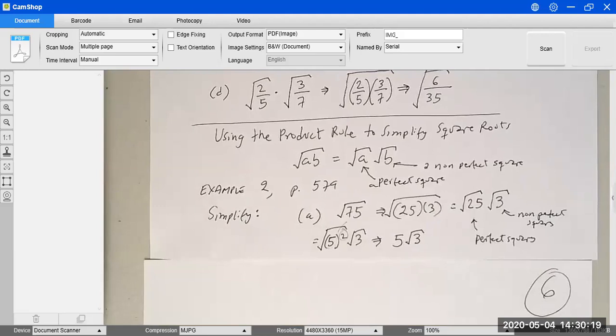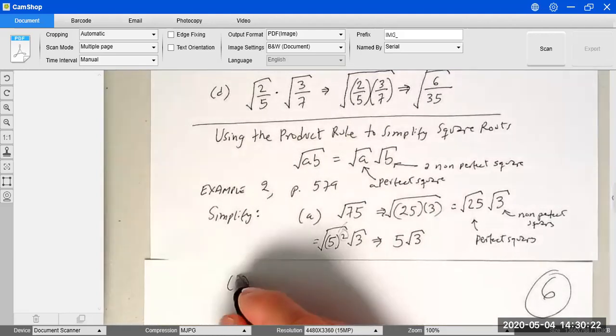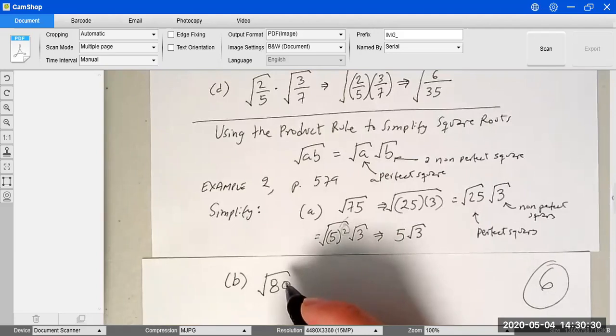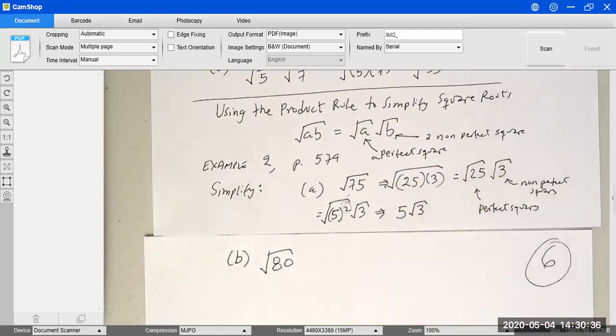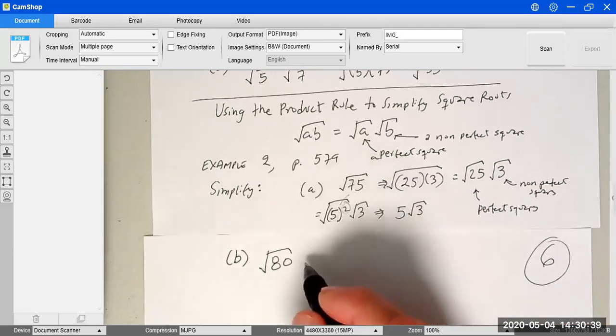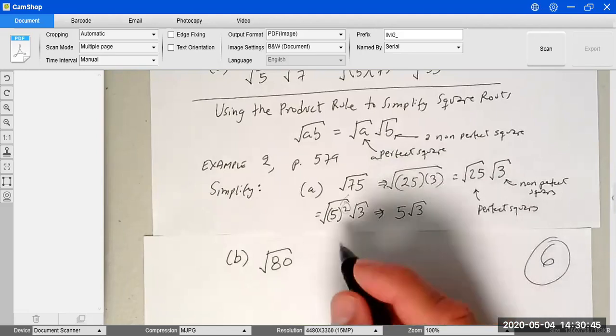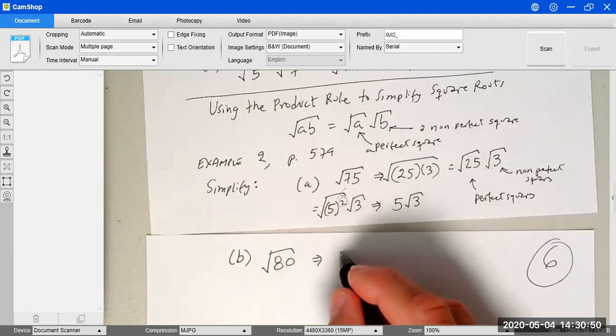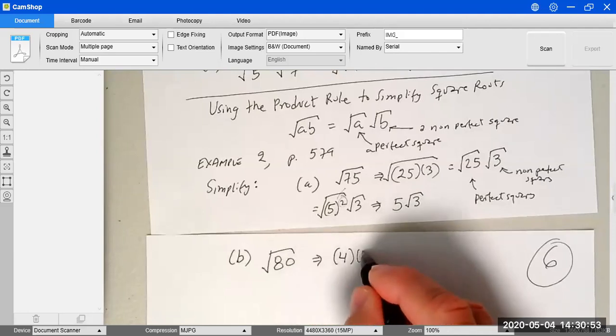So we have now another part from example 2, and that's the square root of 80. So let's see. The first thing that occurs to me is you can break this 80 as 4 times 20, right? 4 times 20.